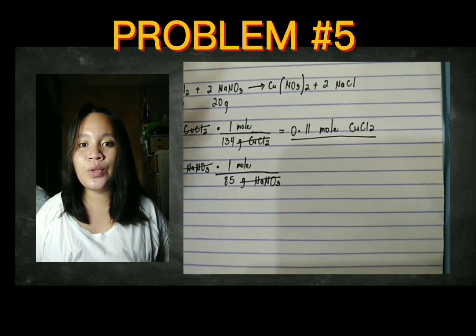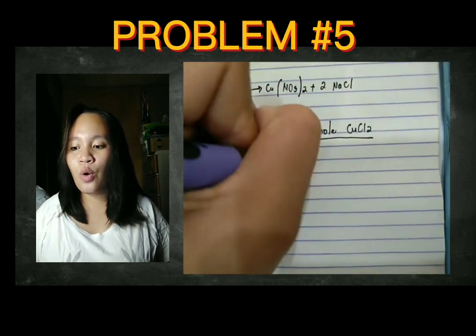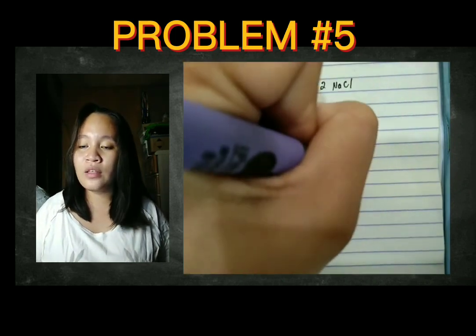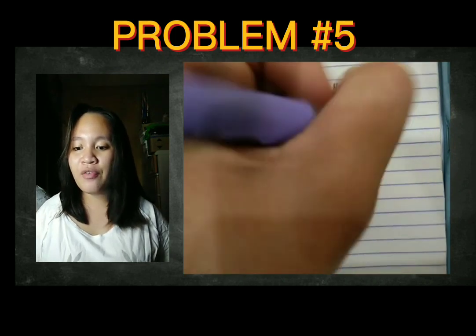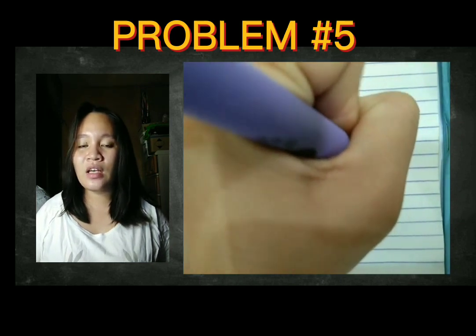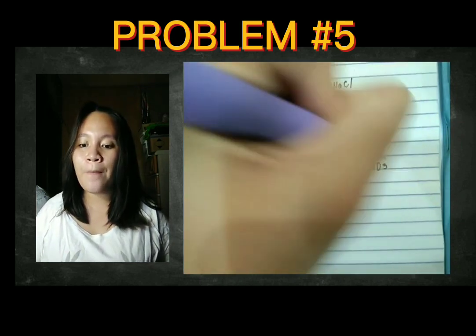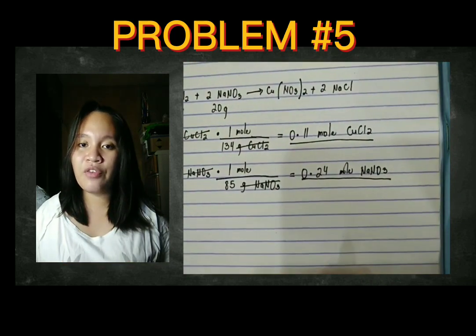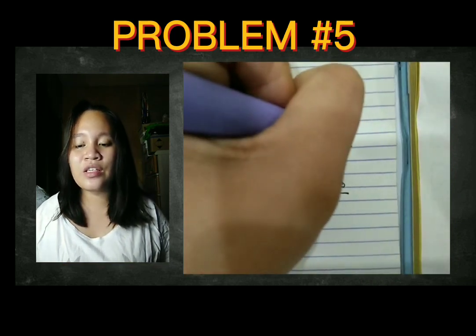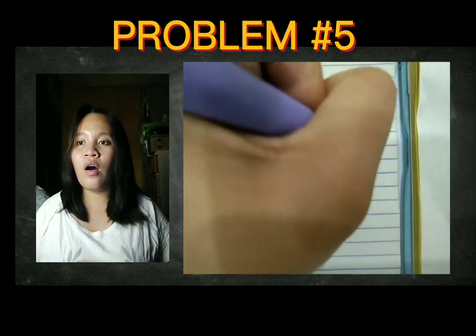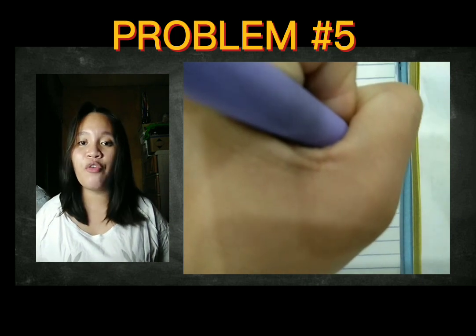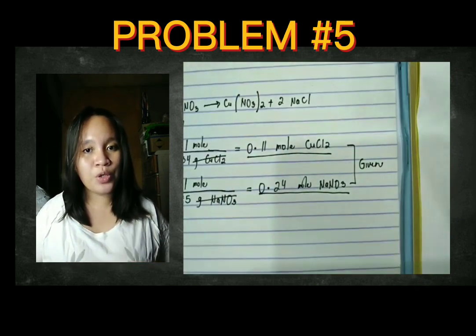After that, do the cancellation. So 20 multiplied with 1 mole divided by 85, the result is 0.24 mole. So the new given here is 0.11 mole of copper chloride and 0.24 mole of sodium nitrate.